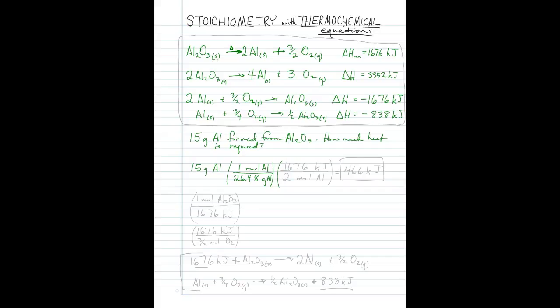Now, this is the cute, tricky part that we get to do. We now are in terms of moles of aluminum, but looking at that first equation, we can say, look, moles of aluminum, kilojoules, no problem. We know that we get out 1676 kilojoules for every how many moles of aluminum?